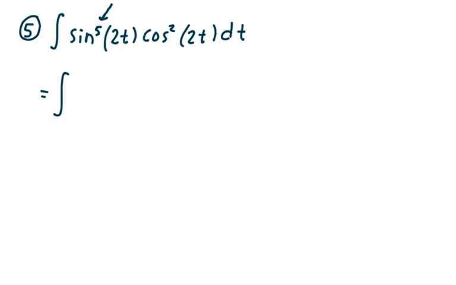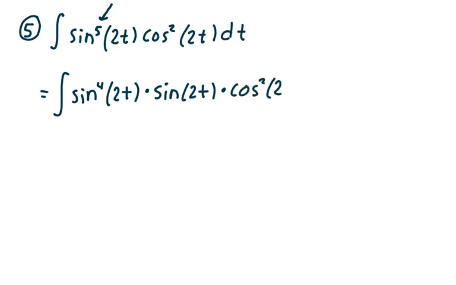Now, sine to the fifth 2t is sine to the fourth of 2t times sine of 2t. It's just another way to write sine to the fifth of 2t. And we're going to multiply that by cosine squared of 2t dt.